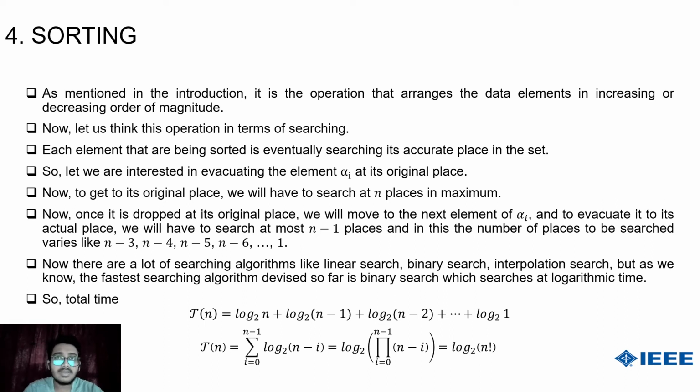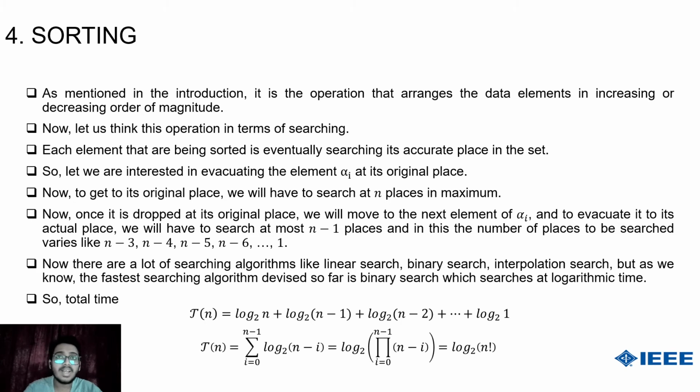When we are sorting a data set, let's say the original place of the ith element in this data set will be the jth position. After sorting, the element that is present in the ith position will eventually move to the jth position.